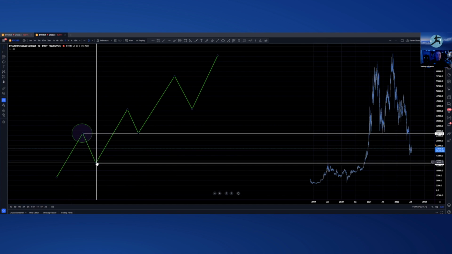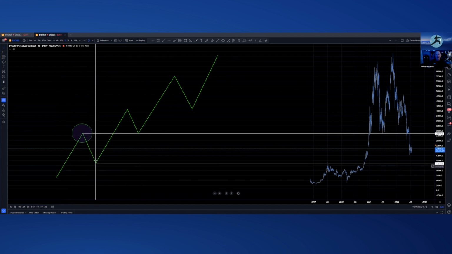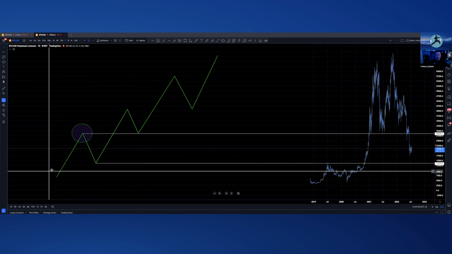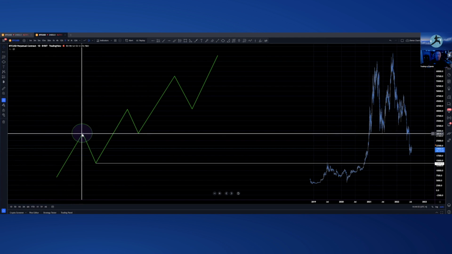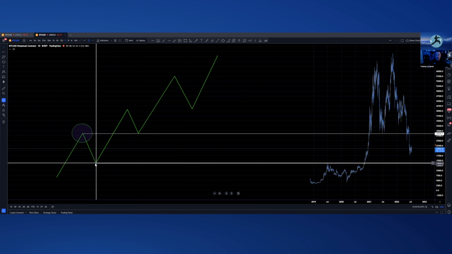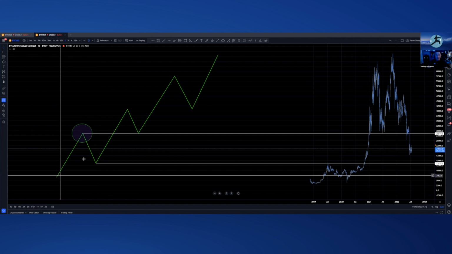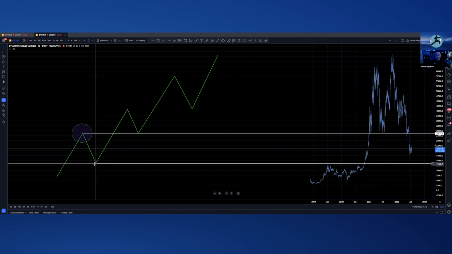It's very important to recognize what did this high or low achieve and what did it create? Well, it achieved breaking the previous high and it created a low that did not do that. It did not break the previous low, right? So this was success. This was failure.